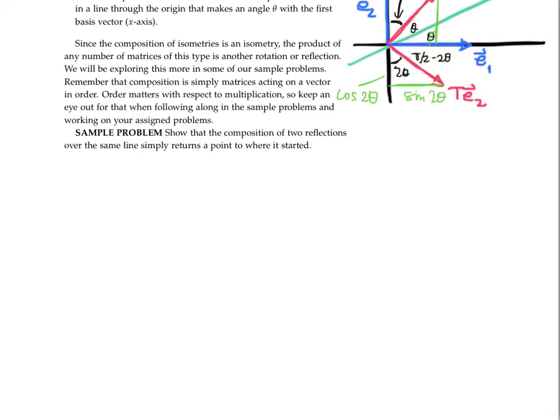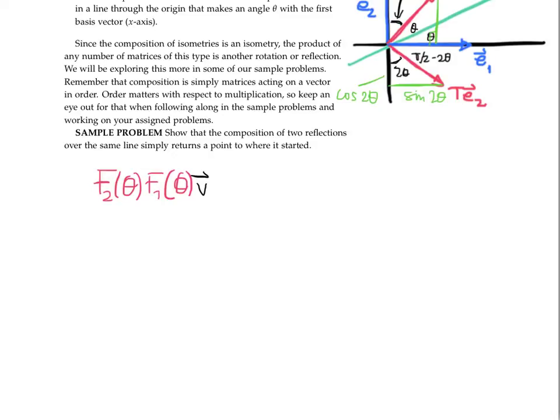Well, we're going to be using the reflection matrix, and the composition of two reflections means that we want to apply one reflection and then do the exact same reflection again, which means that we'll have reflection 1 and then reflection 2. Remember that when we have matrices act on vectors, the vector multiplies on the right-hand side of the matrix.